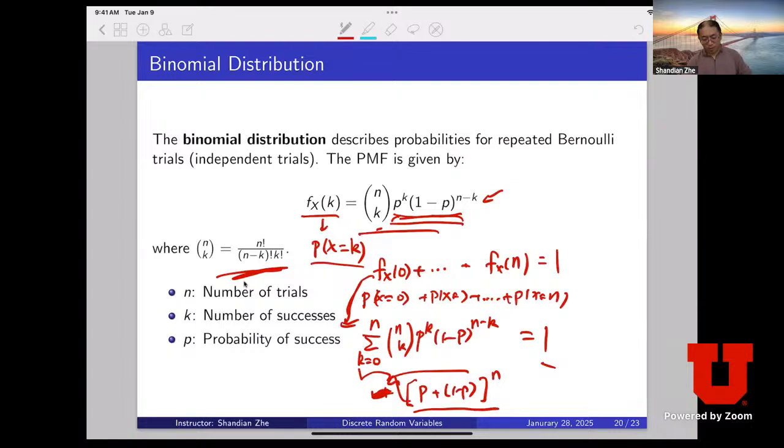So this corresponds to the general formula. If you look at x plus y to the power of n and expand this form, you have a summation from k equals 0 to n, with n choose k, x to the power of k, y to the power of n minus k.